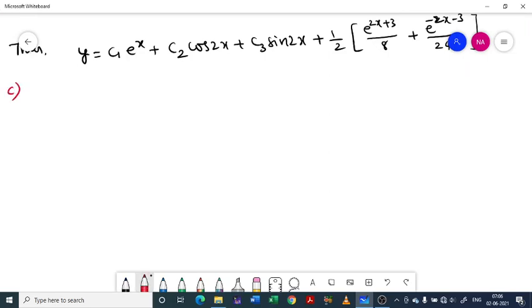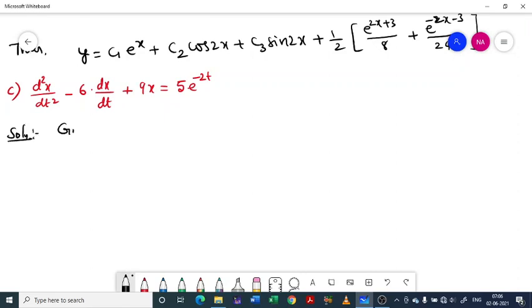d square x by dt square minus 6 into dx by dt plus 9x equal to 5 e power minus 2t. See, here the dependent variable is x, independent variable is t.